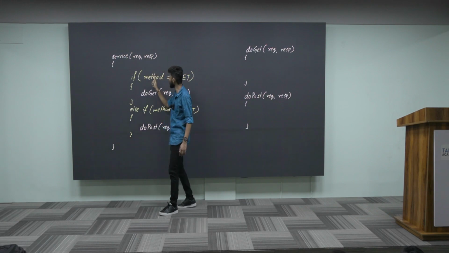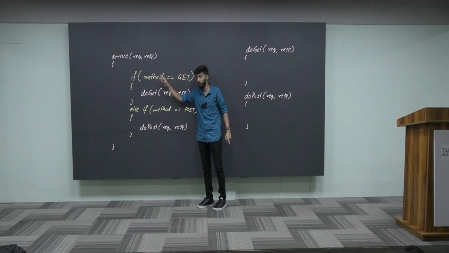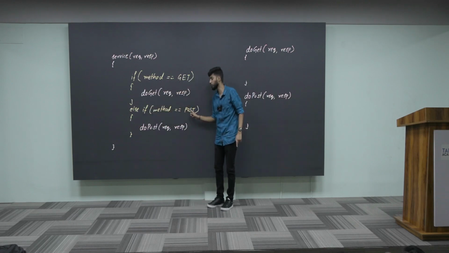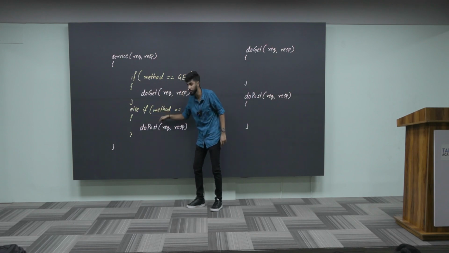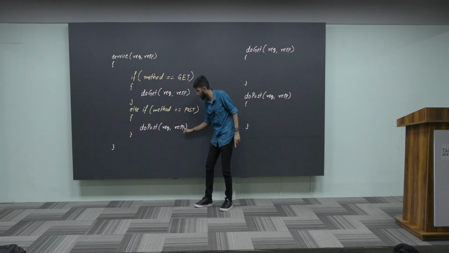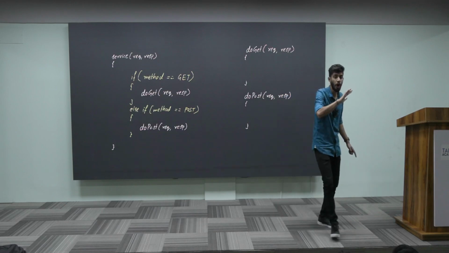It will check, is the method equal to get? Same in HTML, the method, was it equal to get or was it equal to post? Post. So condition true or false? False, means it comes over here. It will check whether the method is equal to post. Condition true or not? True means it will call the doPost method. Is that clear to you? And it will pass the same request it got and the same response it got. The same doPost method, have you overridden or not overridden? You have not overridden.